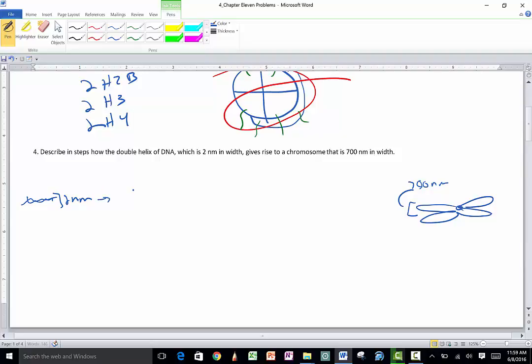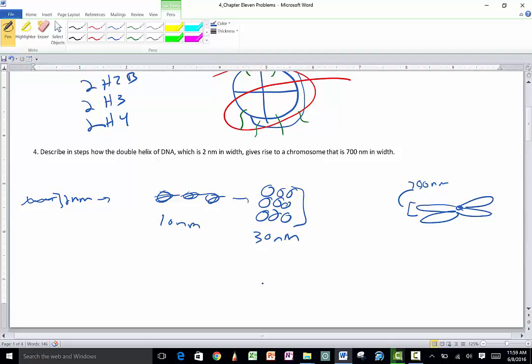Well, the first thing is the DNA gets wrapped around the nucleosome to form the 10 nanometer fiber. Then this gets looped into the 30 nanometer fiber. So it's 30 nanometers this way.